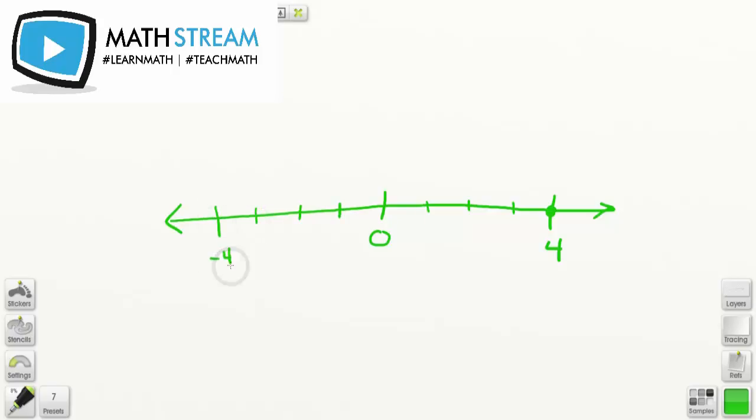Here's another way that we define absolute value. Absolute value is a number's distance from 0. Using the pound sign as a symbol for number, a number's distance from 0.